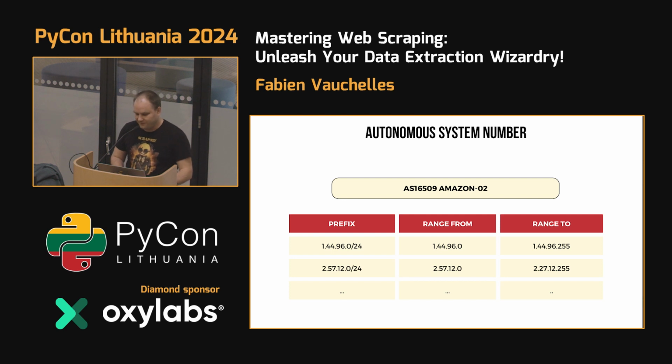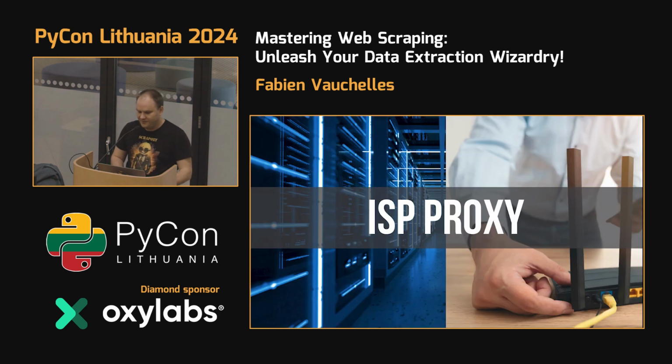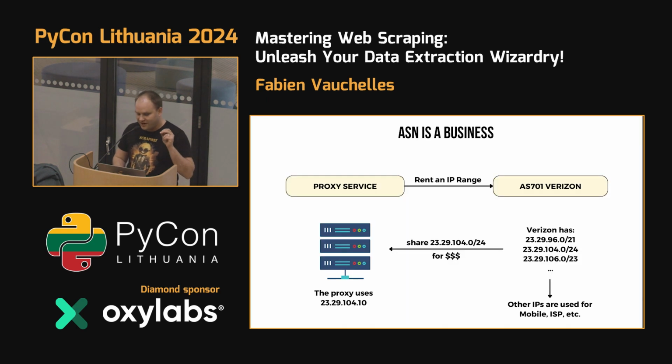But there is a trick, and it is called ISP proxy, Internet Service Provider proxy. So how does an ISP proxy work? It's the same, it's in a data center. You have VMs which are relaying the information, but they don't use the IP address of the data center. They use IP addresses from another provider.